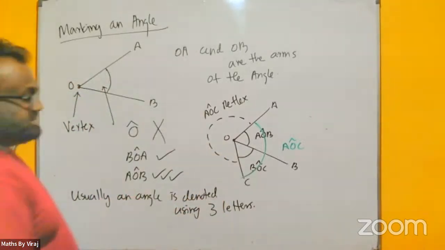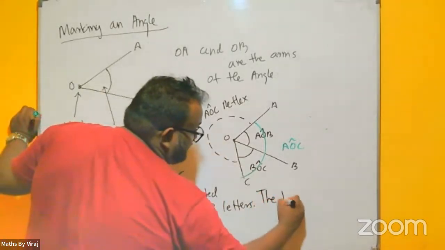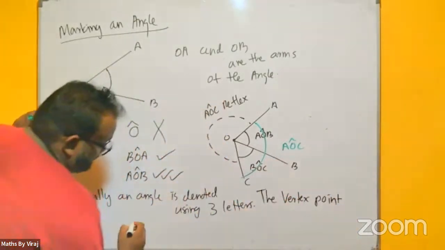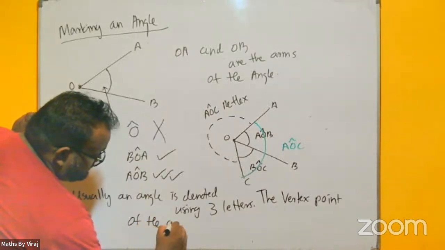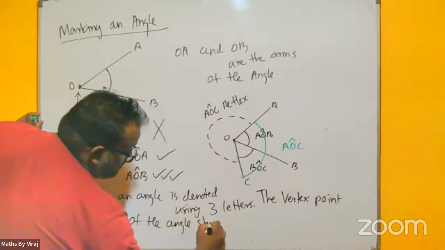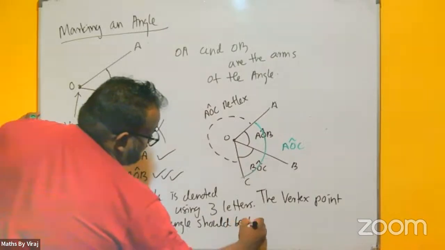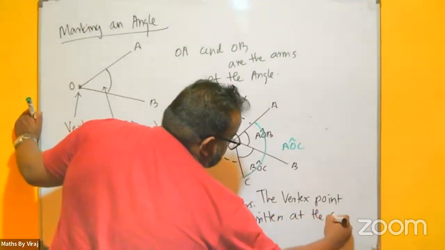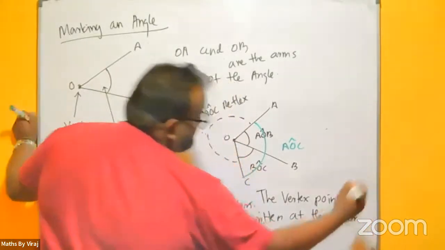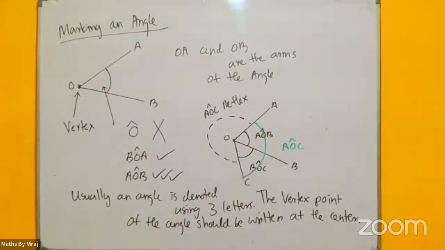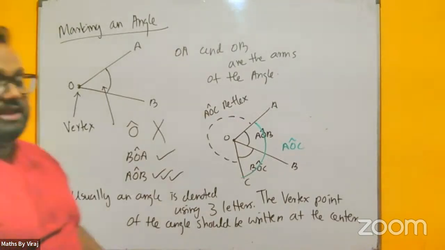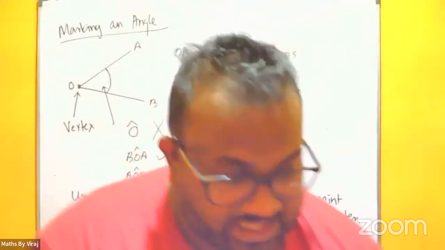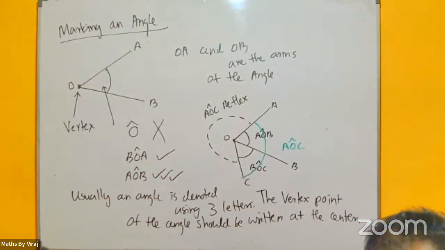The vertex point of the angle should be written at the center. This is very important, children. You should clearly understand this. Take it down.